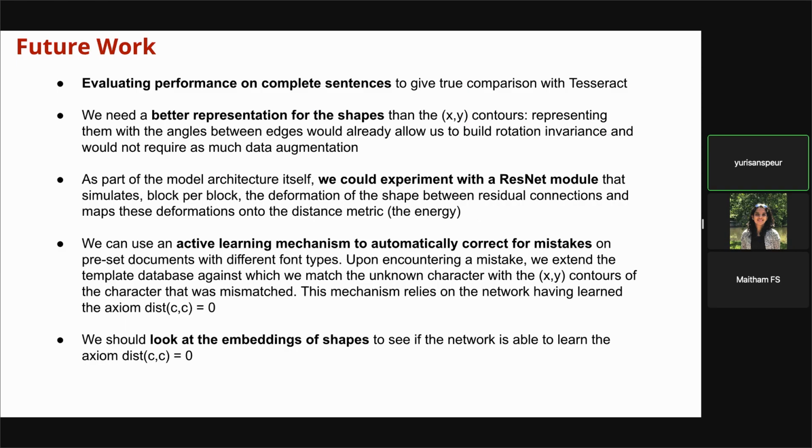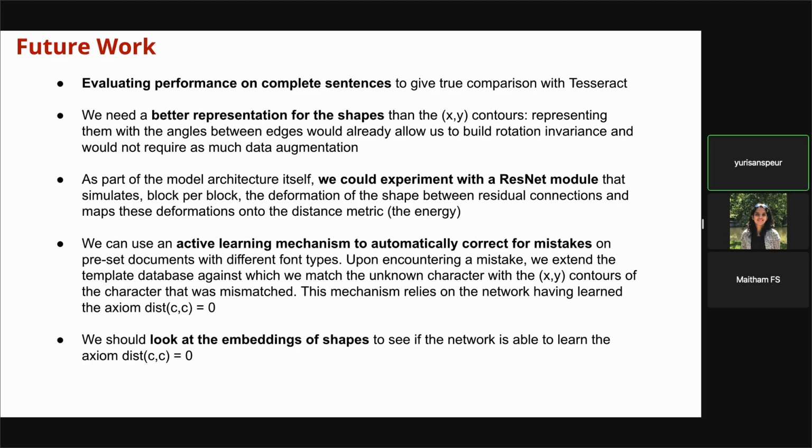The first thing we should do is test it on way more sentences while comparing it to Tesseract. But the other improvements we're thinking of introducing are to better represent the shapes, to incorporate rotation invariance, and to include the ResNet module as we're modeling the deformation of the shape towards the distance metric.